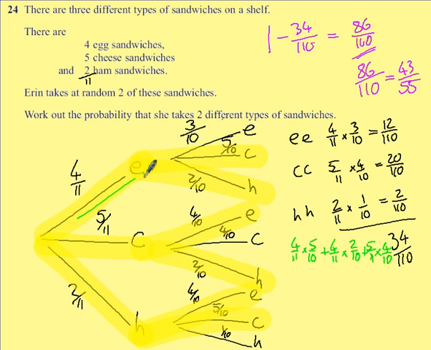So working out each of these probabilities. But that takes so much longer. It takes so much longer that it's much better for us just to spot this nice little trick that we can work out the probability of something that we didn't want and subtract it from 1.